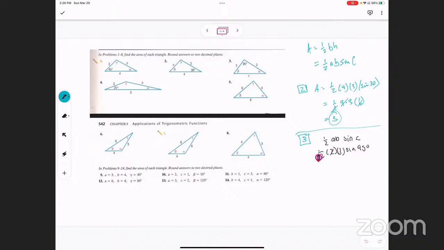So the 2's cancel out. 3 times sine 95, which is, oh, that would be basically 3. So the area is 3.